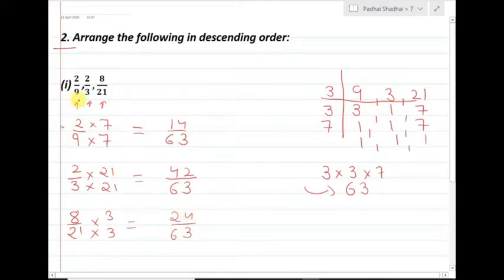See here, beta, now you can arrange all the terms because the base is the same. So we can directly arrange them into descending order. Okay, so the biggest fraction will be decided by the number in the numerator only, because the denominator is the same. So we just have to arrange the numerators into descending order.